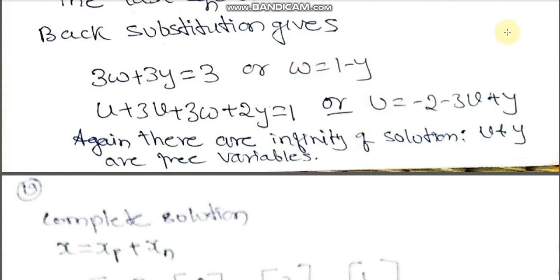When w and u depend on v and y, automatically we will have many combinations of v and y, so w and u will have an infinite number of solutions depending on the values of v and y.